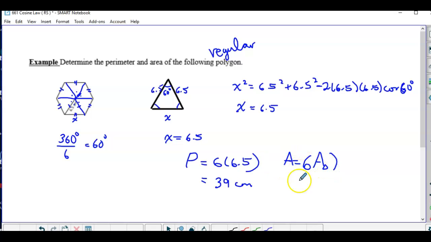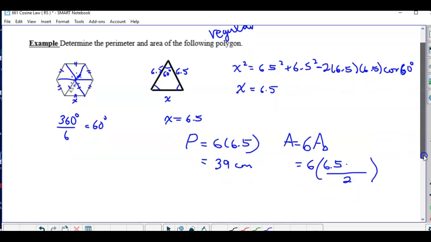You could split it into 2 trapezoids, with the base and the other parallel base, but you'd still need to find the height, so either way we have to do that. So this is going to be 6 times the base of the triangle, 6.5, but we need the height, and then we'll divide by 2.